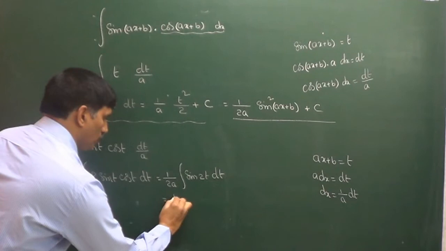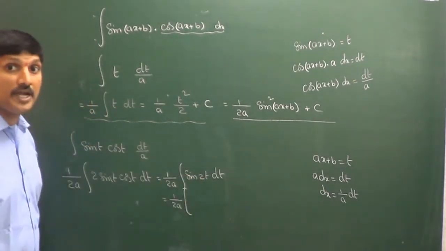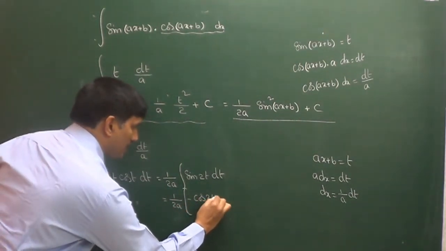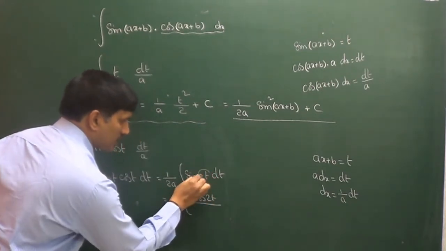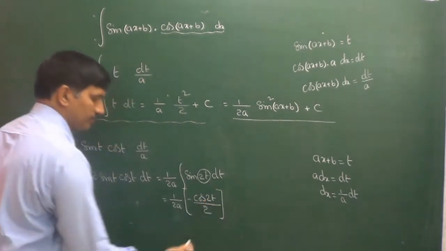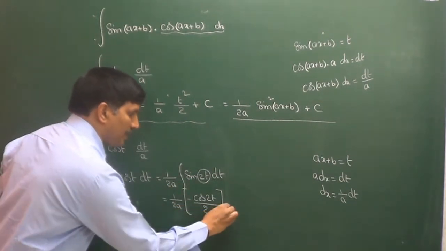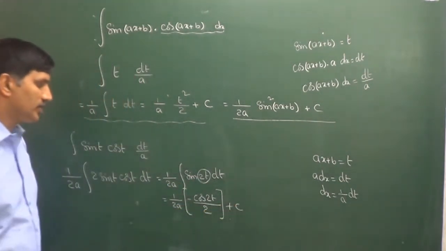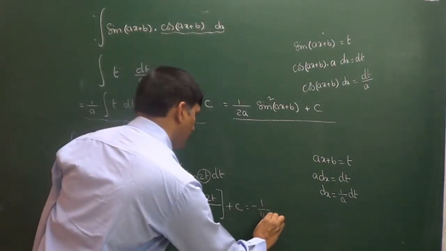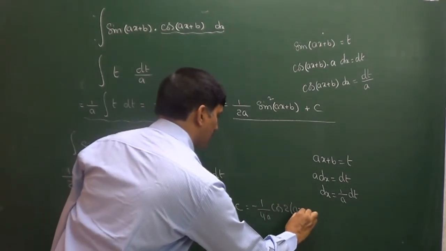What is the integration of sin 2t? Sin 2t integration is minus cos 2t, and we have to divide by the inner function differentiation, plus the constant of integration. So we got the answer here as minus 1 by 4a into cos 2 into ax plus b.